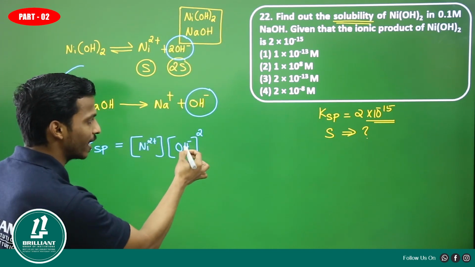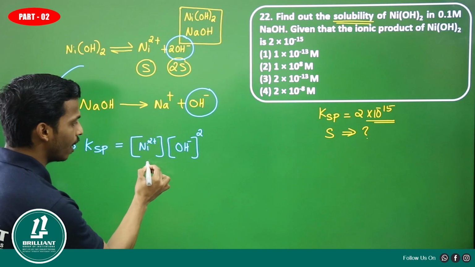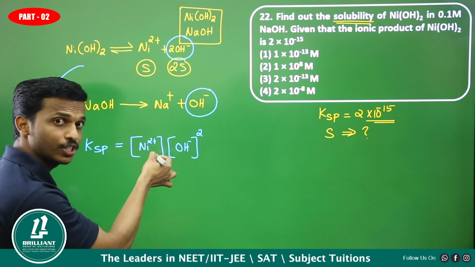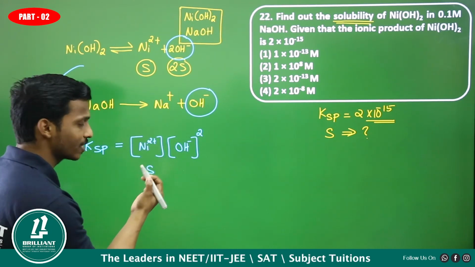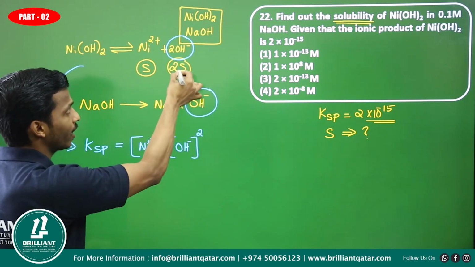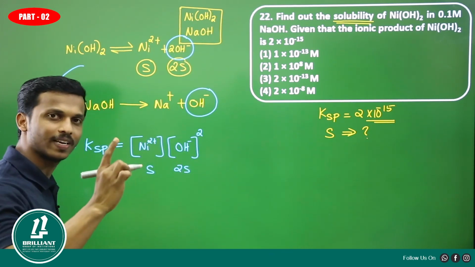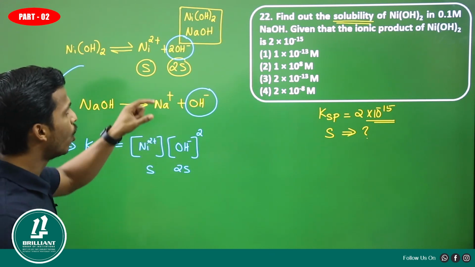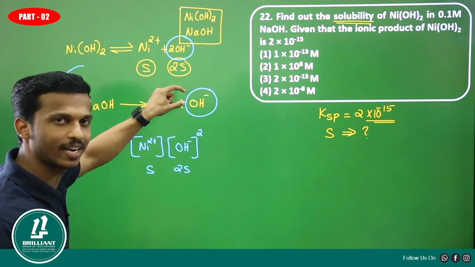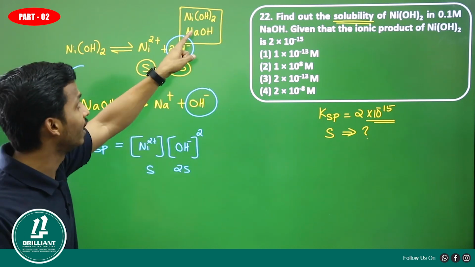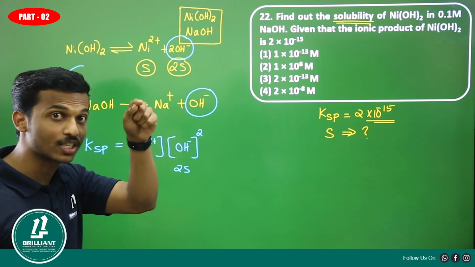So Ni2+ and OH- squared. The Ni2+ concentration you already got. What is that? S. So what is OH- squared? That is 2S, right? But there is a thing. Already we discussed that the OH- ion concentration is changed because NaOH is also there. It is a strong base.